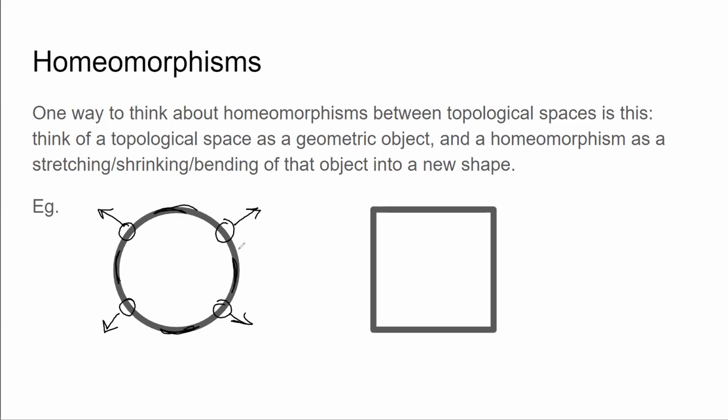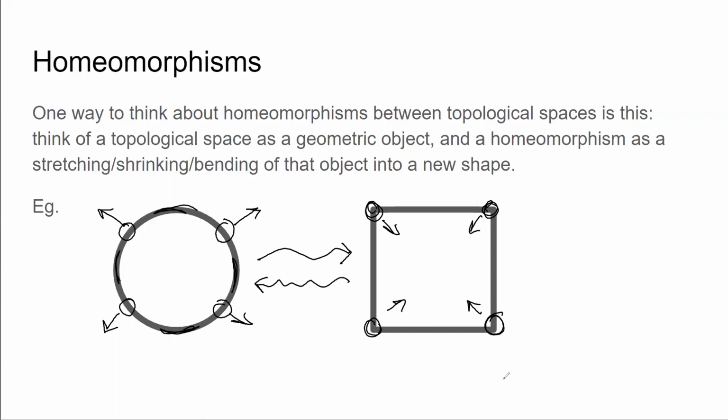Then you could stretch this circle into a square. Likewise, you can take this square and pull the four corners in just a little bit, and that would get you back to a circle. So you can stretch a circle into a square, and bend and shrink a square back into a circle. These shapes are homeomorphic because I can stretch one into the other.